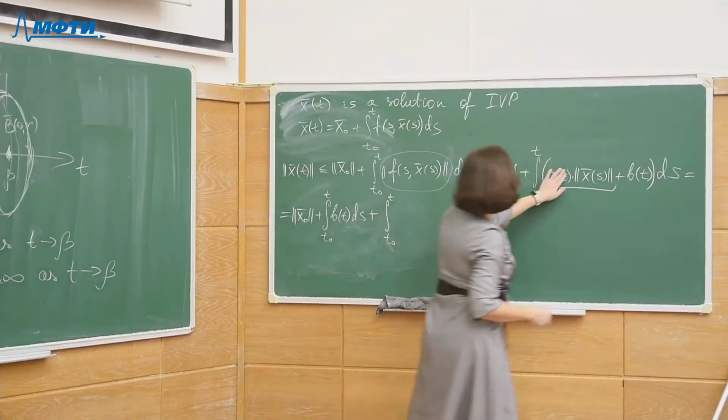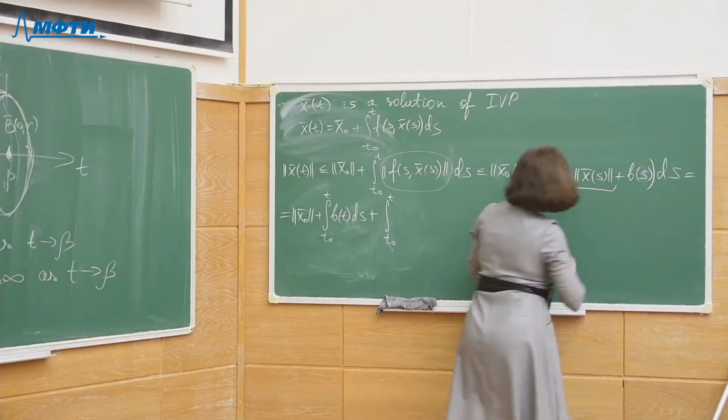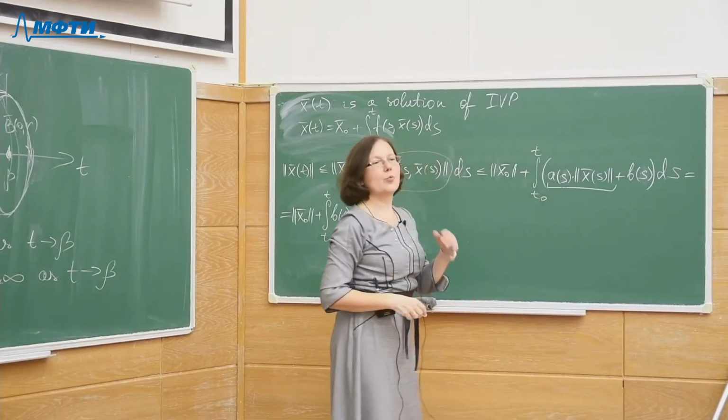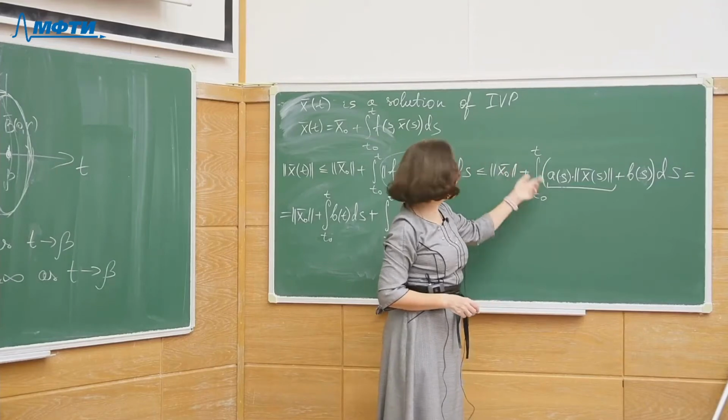Not a of t, it is a of s. This is b of s. We are given that a of s is a non-negative continuous function.